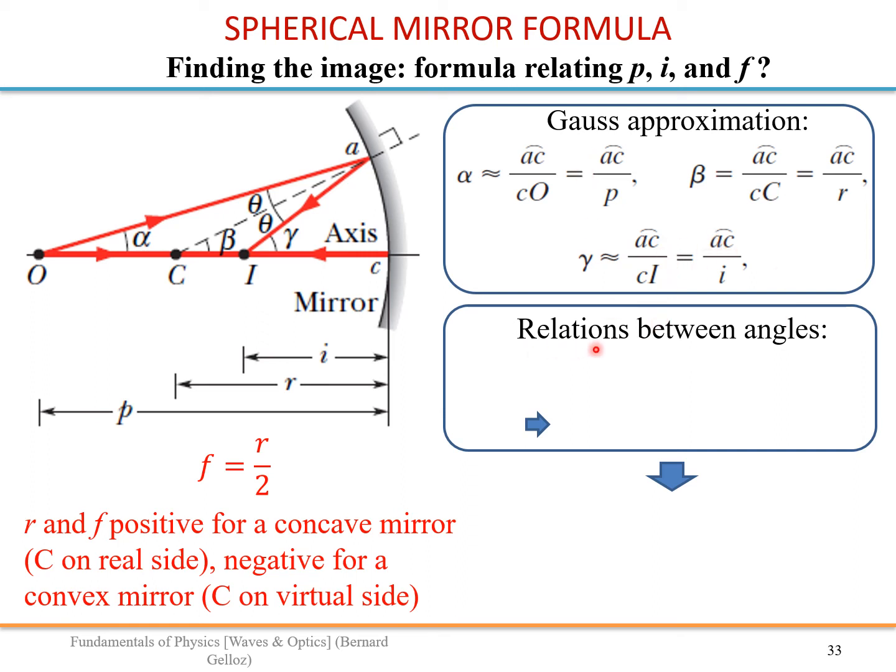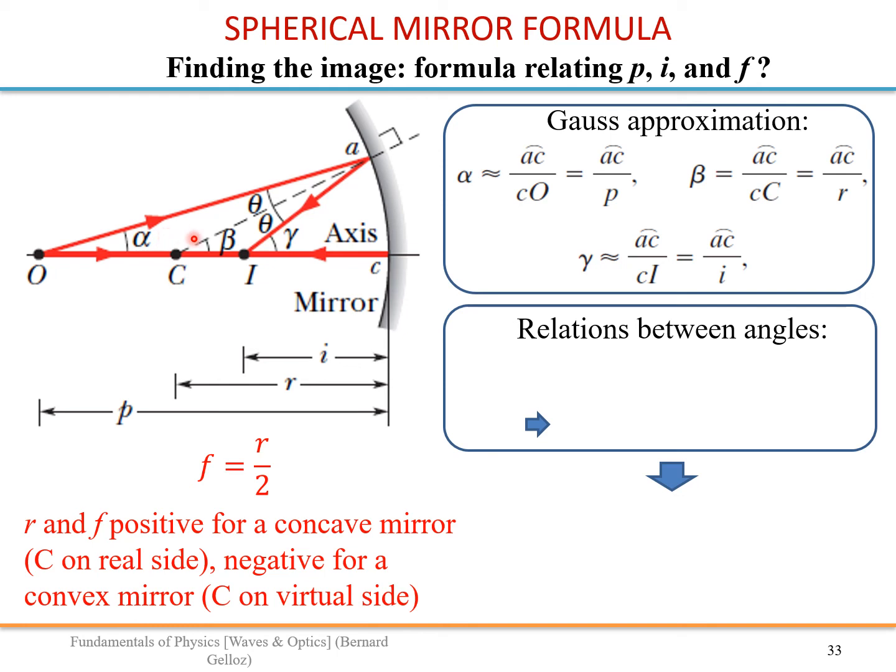So let's look at relations between the angles. First of all, let's look at the OIA triangle. No, let's look at the OCA triangle. So we have alpha here, we have theta there, and so we can know what is this angle.